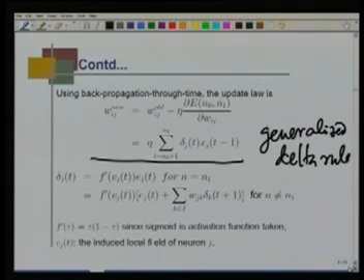Error computed from one layer is back propagated to the preceding layer. So, from the nth layer we go to the n minus 1 layer, and subsequently until we find the delta W at every layer, and then we sum all these delta W's and update the weights like batch update. This we have already discussed.